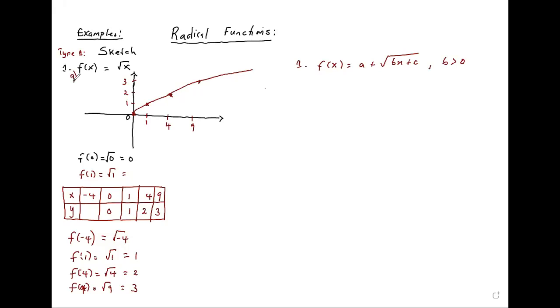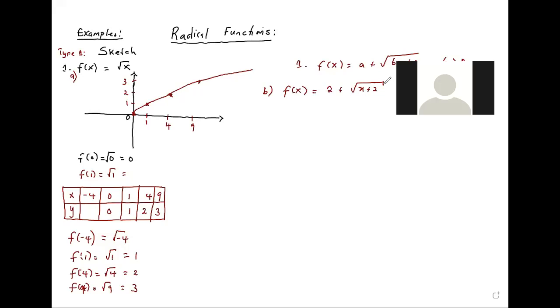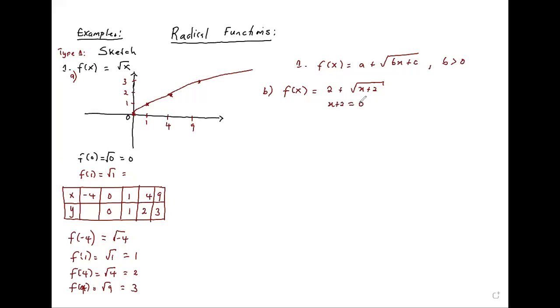Okay, this is 1b. f of x is equal to 2 plus root of x plus 2. Let's see what will happen here. The easiest is that you get x plus 2 and set it to 0, so for x, you have f of negative 2. This number we get here will give us 2 plus root of negative 2 plus 2, which is 2 plus 0, which is 2.